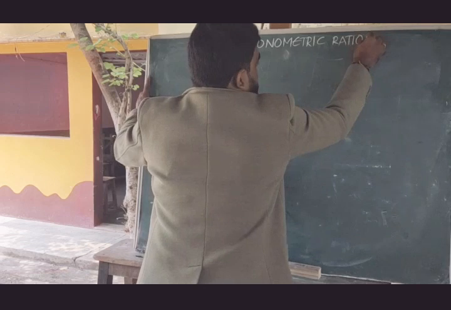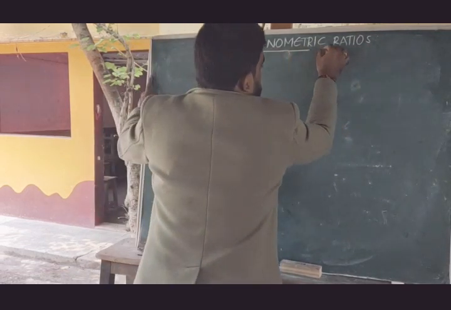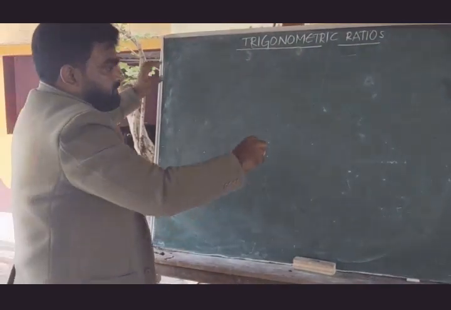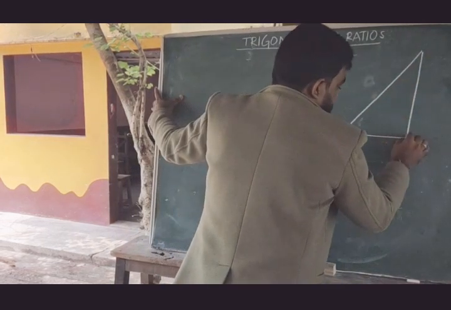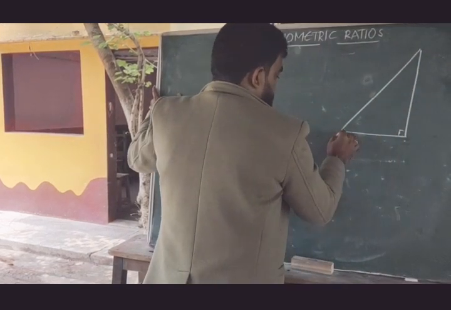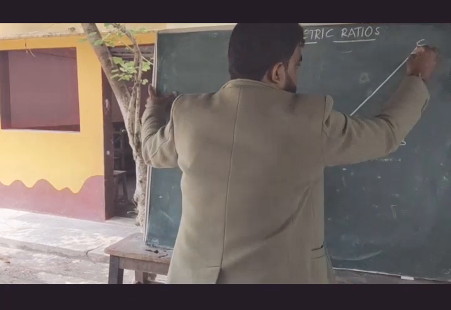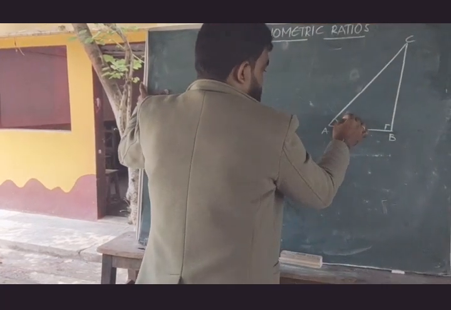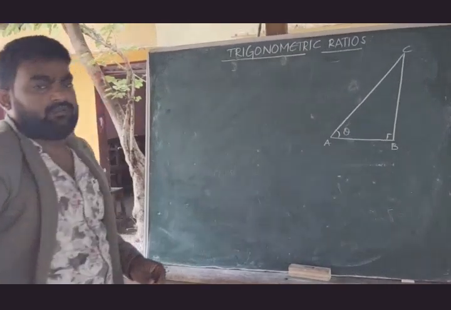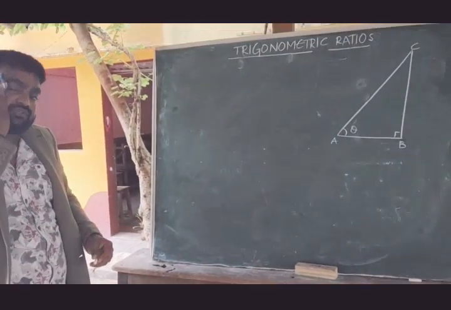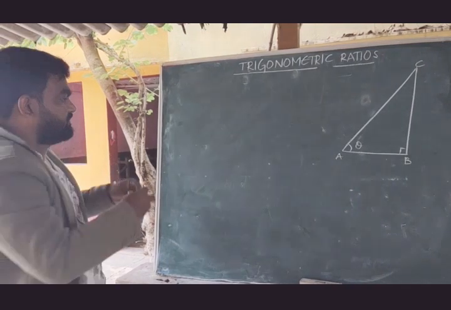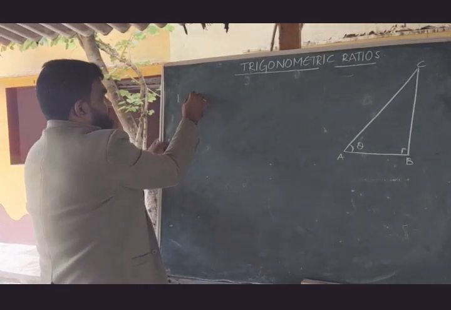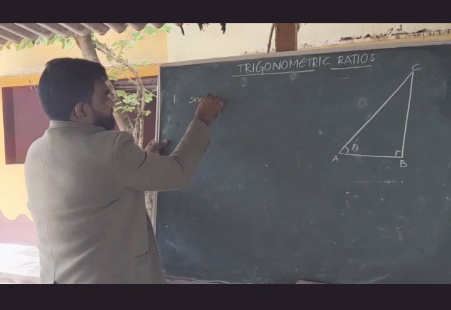First you take a right triangle ABC. Let angle A be the acute angle. So here, the first ratio is sine.